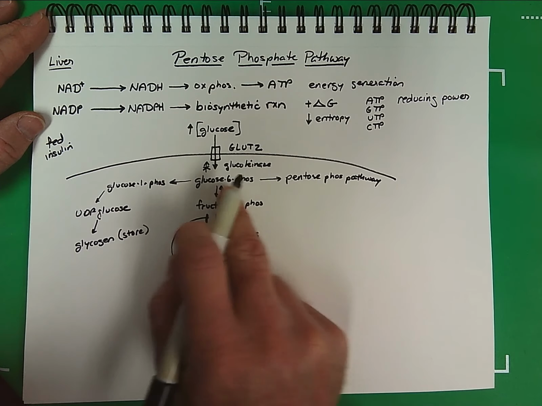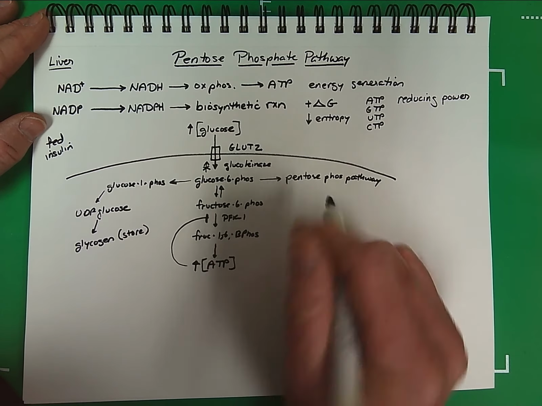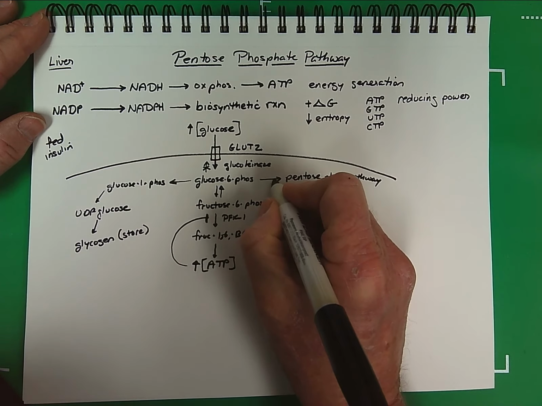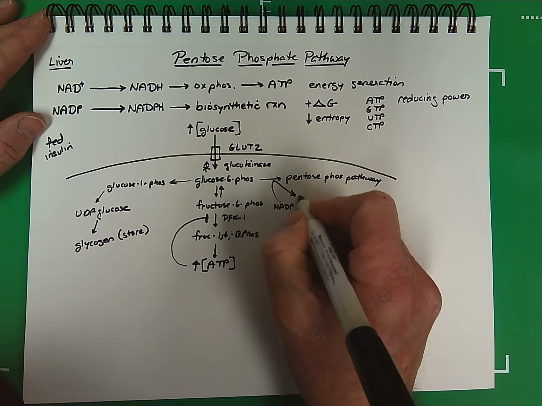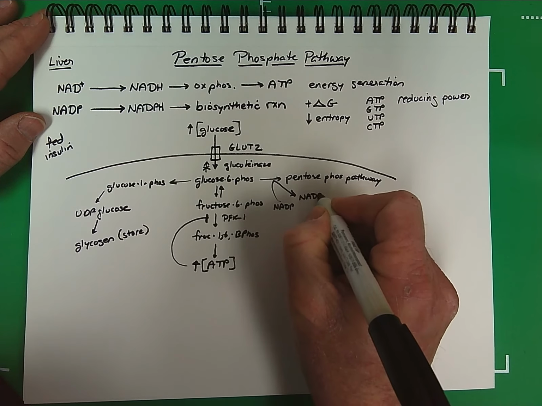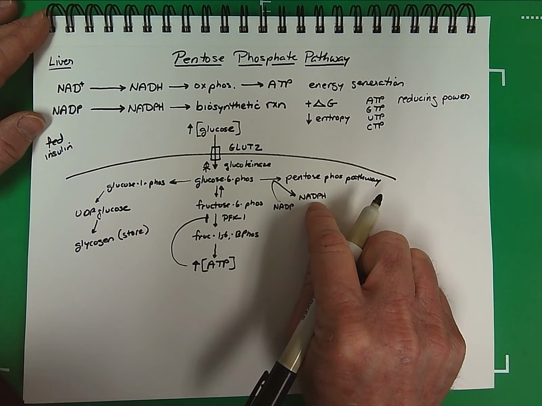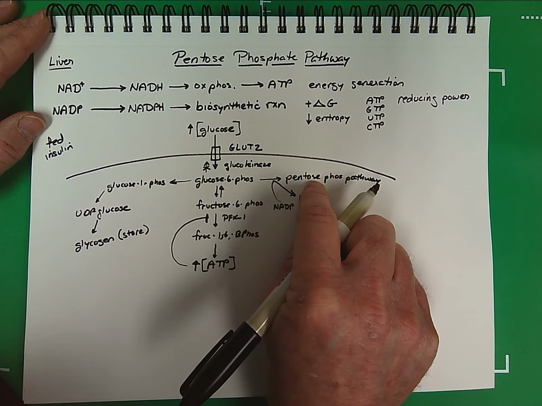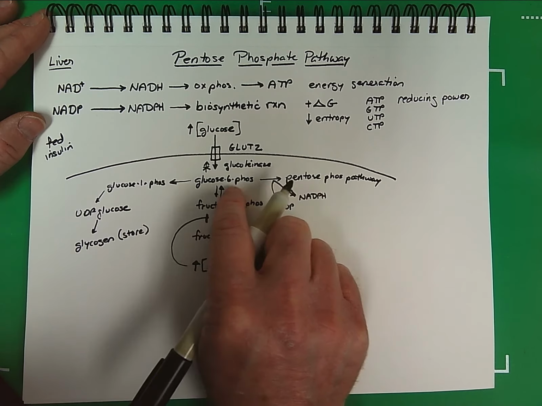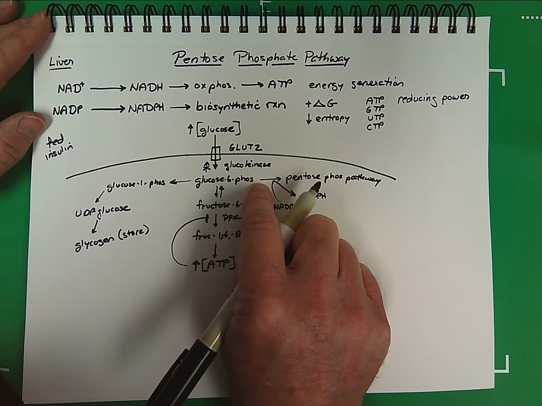Now, what is going to determine entering the pentose phosphate pathway? Well, the first reaction we'll take a look at in a second is going to be formation of NADPH. So the quantitative levels of NADPH in the cell will determine if glucose 6-phosphate will enter the pentose phosphate pathway. So the very first step is the committed rate-limiting step.